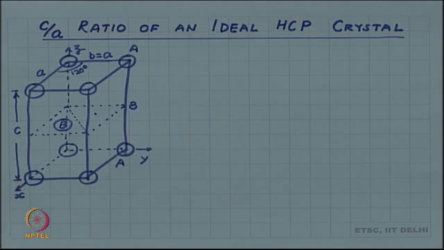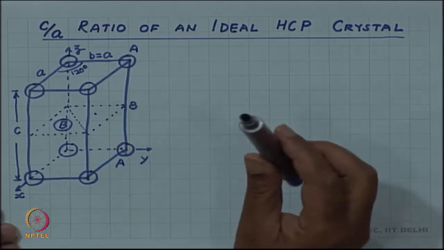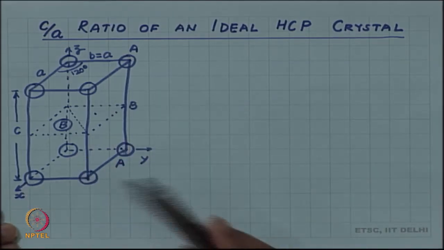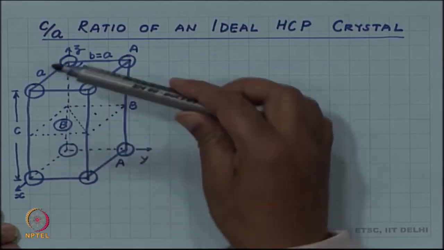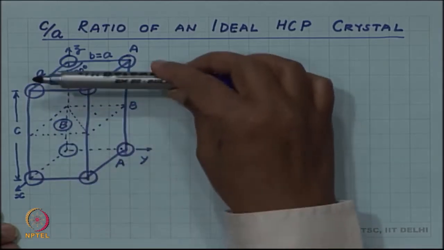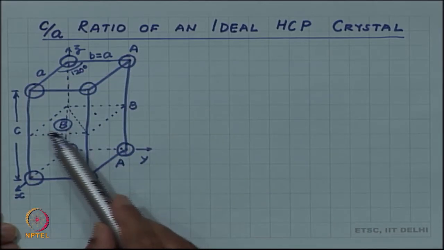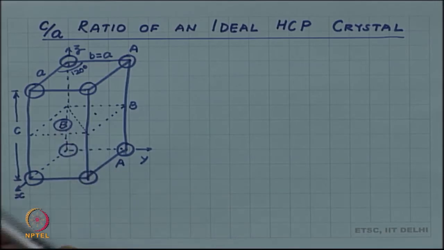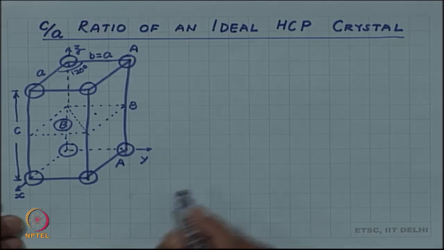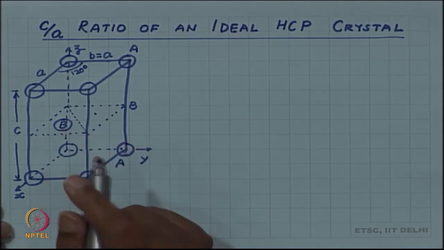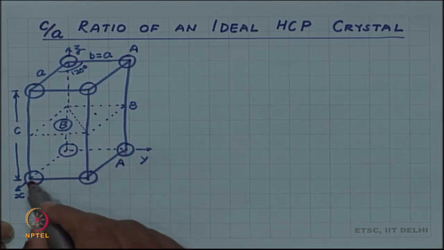So, now I have completed the unit cell, all the atoms are shown, rhombus based prism, height C, AB AB stacking, A to A is C, and a mid plane atom B is there right inside the unit cell. Now, notice that, and we have discussed this, this B atom is actually sitting on the 3 A atoms below.